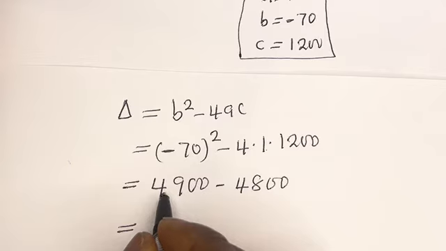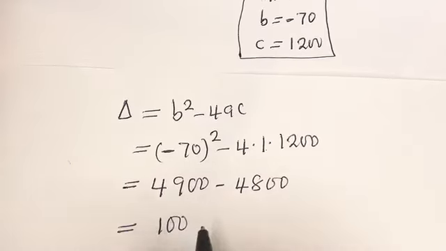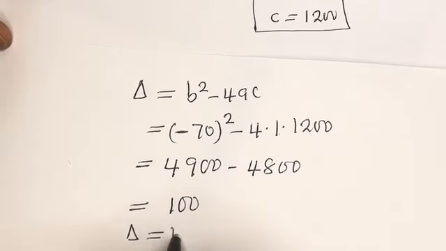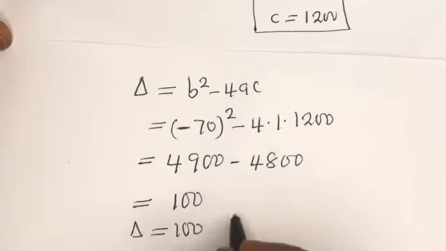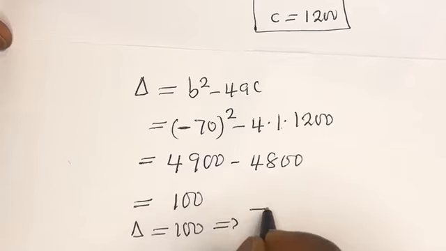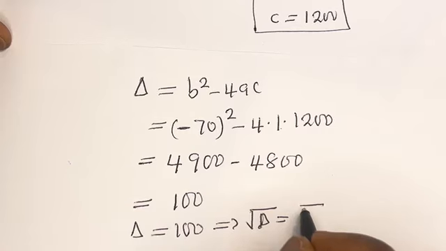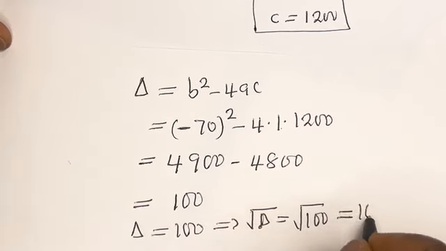This is equal to 4,900 minus 4,800, that is 100. Then we have D is equal to 100. Then square root of D is equal to square root of 100, which is equal to 10.